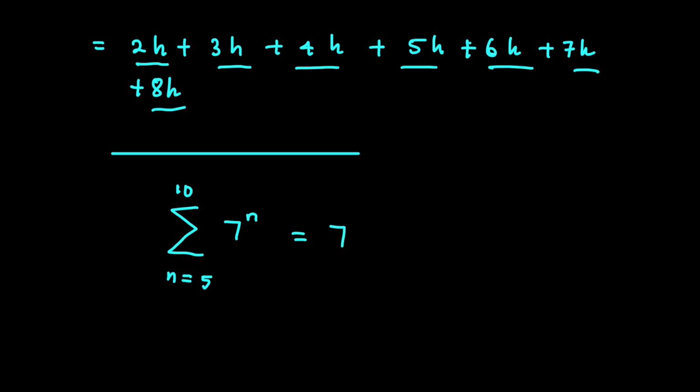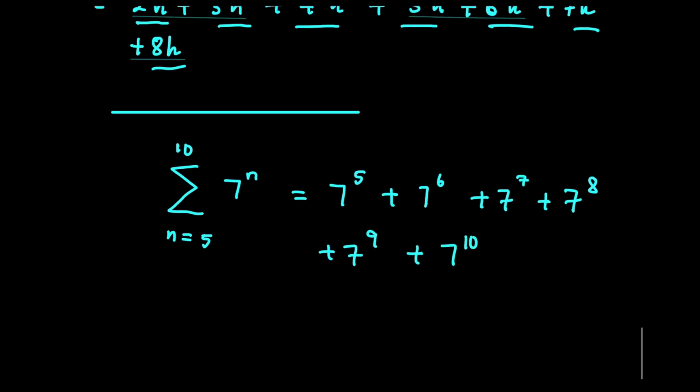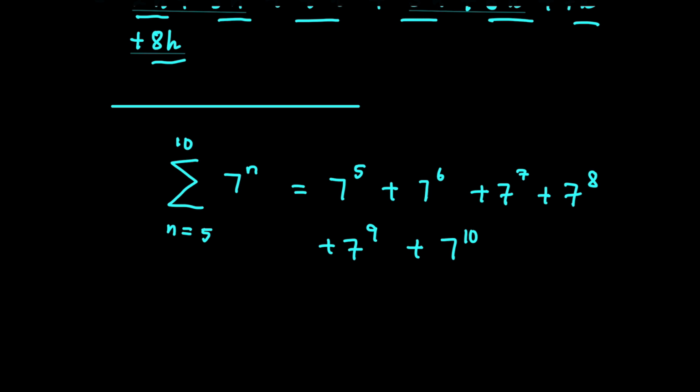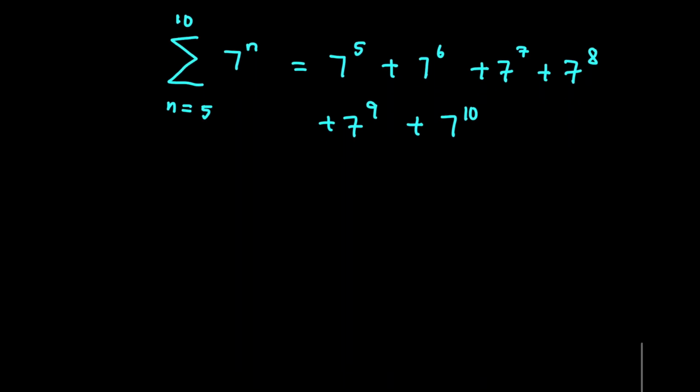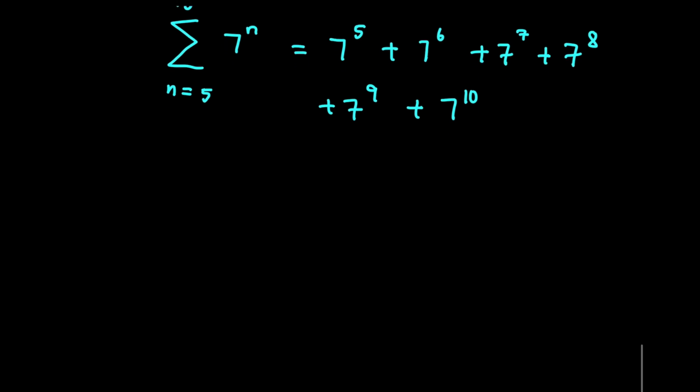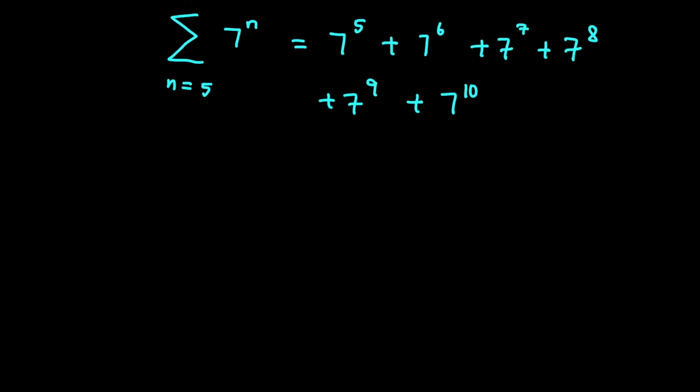We are starting from 7 to the 5th, plus 7 to the 6th, plus 7 to the 7th, plus 7 to the 8th, plus 7 to the 9th, plus 7 to the 10th. So now we have expanded this. I don't know what the answer is. You can calculate it at home. Okay, guys, let's continue.